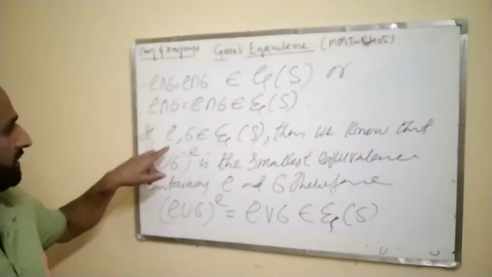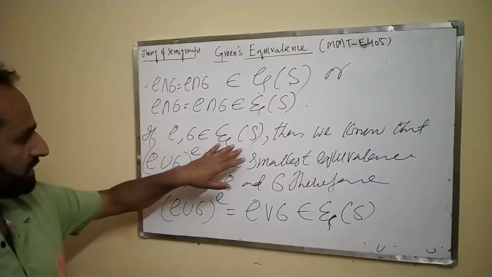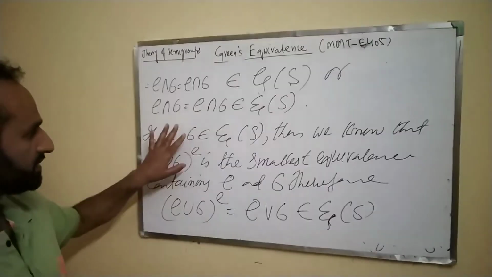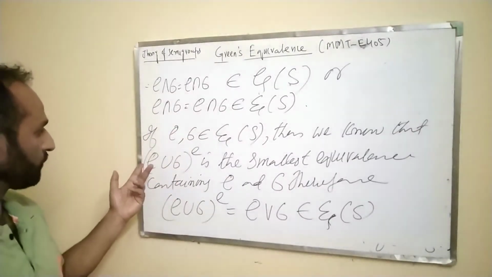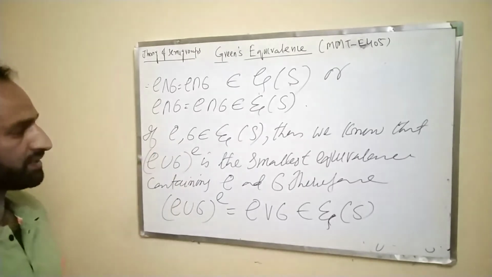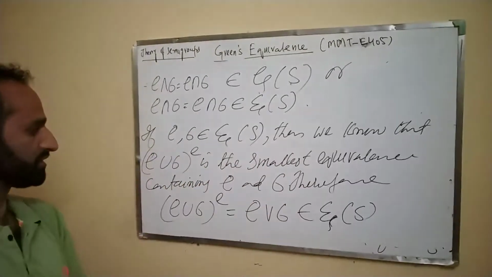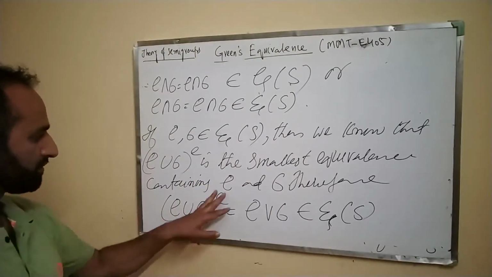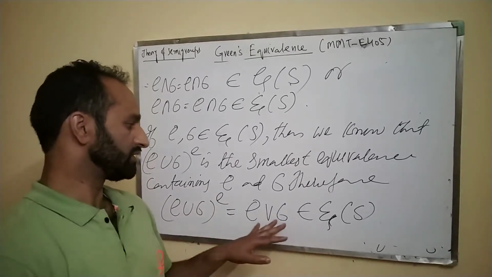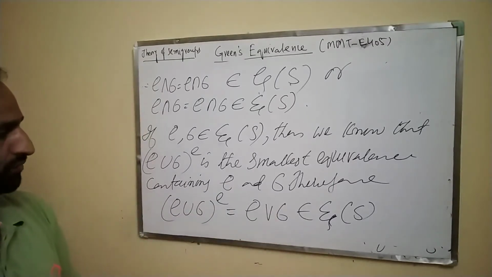And similarly, if they are in cursive C of S, that means they are congruences, then the congruence generated by rho union sigma, rho union sigma sharp, is the smallest congruence containing rho and sigma. So rho union sigma sharp is equal to the join of rho and sigma.